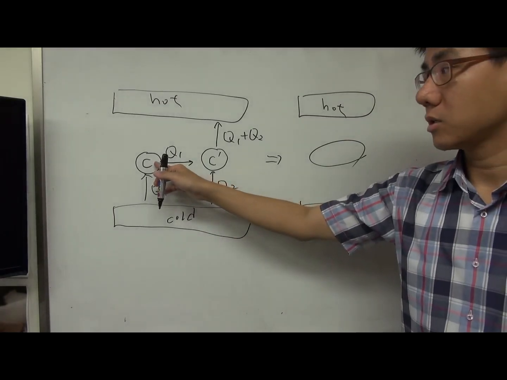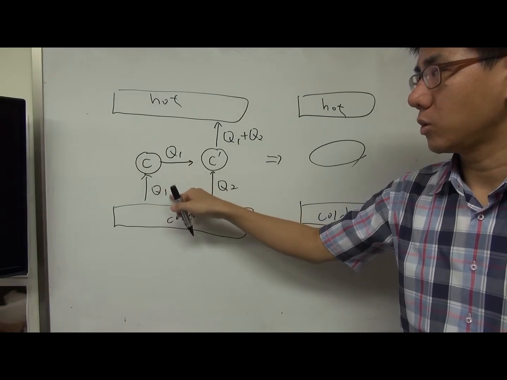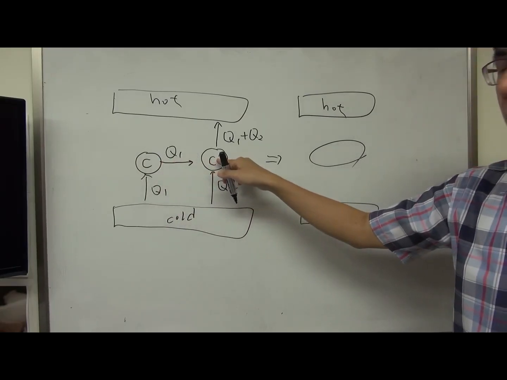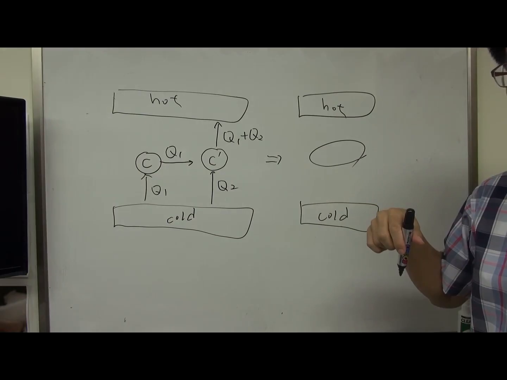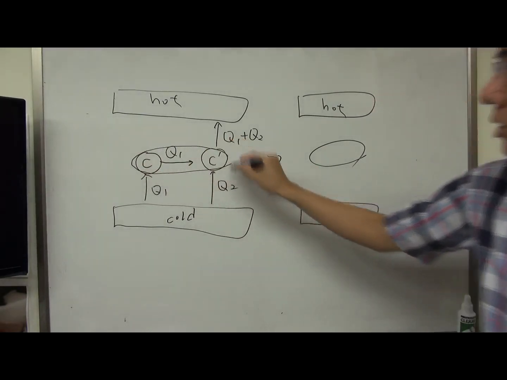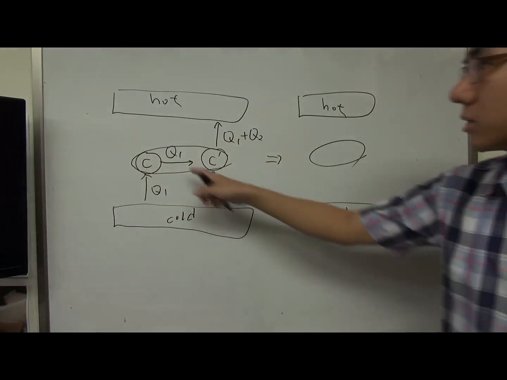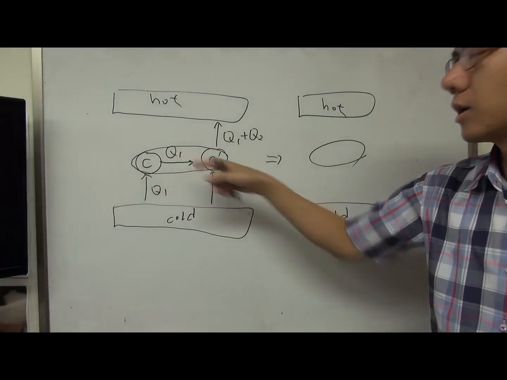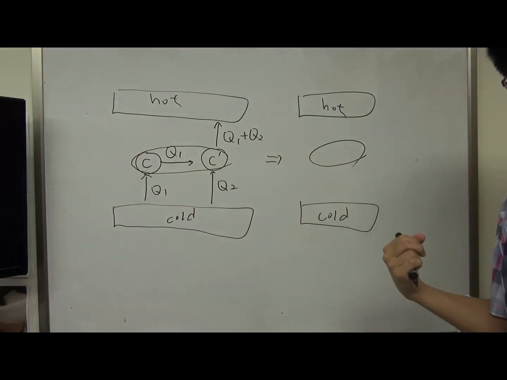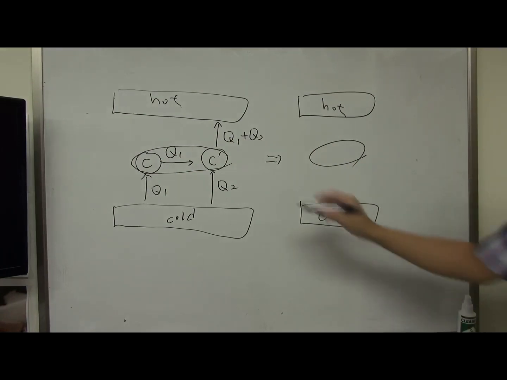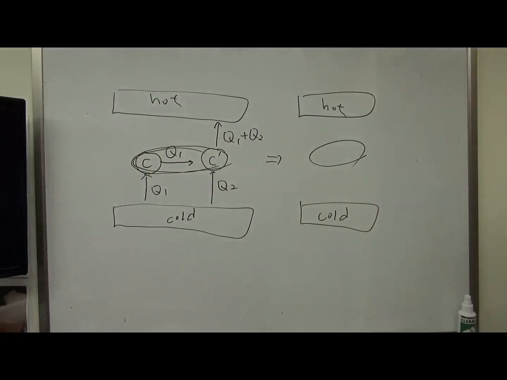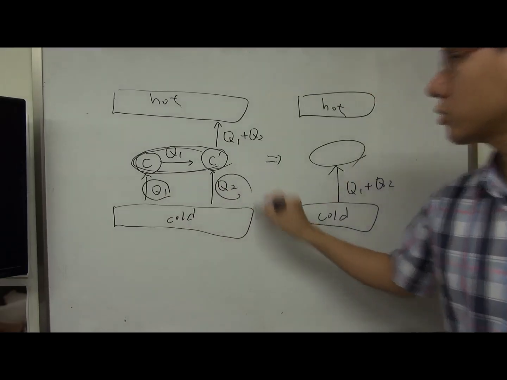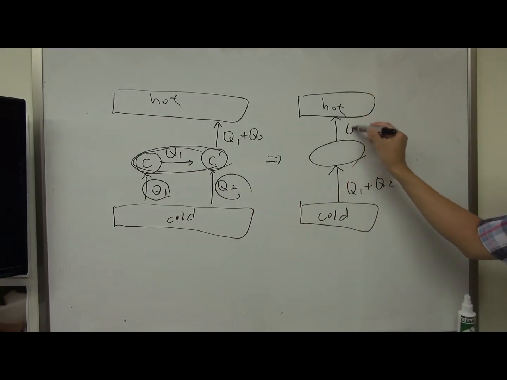This engine basically converts this amount of heat Q1 and it gives that amount of energy to this engine. So within here, there's nothing going on, right? This one just gives this amount of energy, this one receives that amount of energy. That's all, right? So if you combine these two engines, what they do between these two bodies is basically transferring this amount of energy, Q1 plus Q2, to the hotter body.